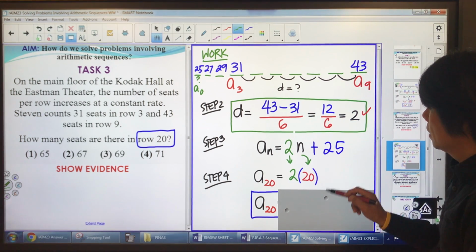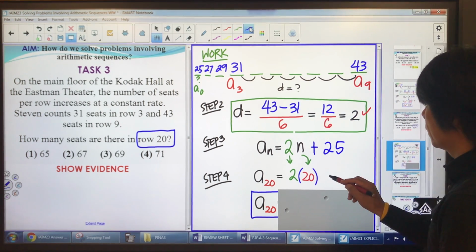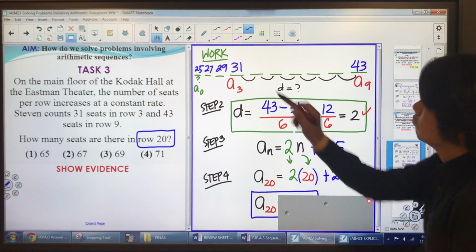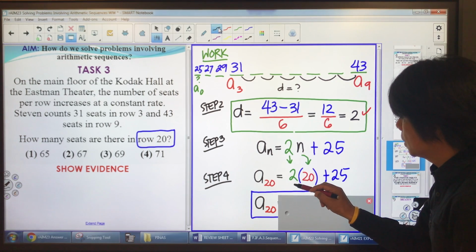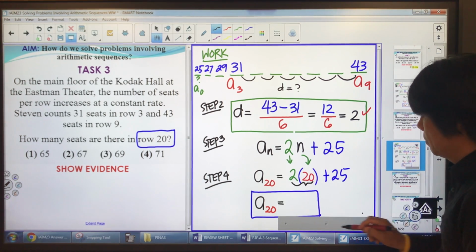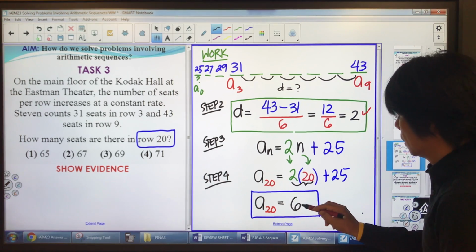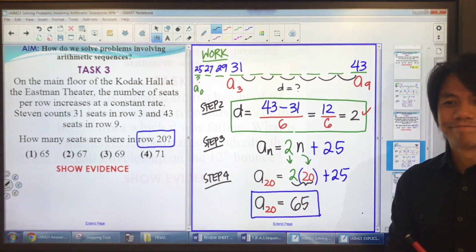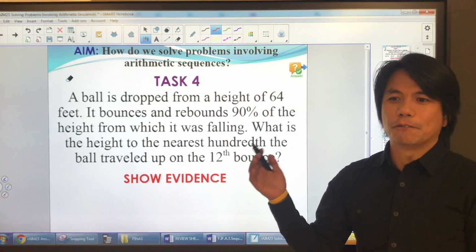N is 20 plus 25, right? Now, 2 times 20, that's 40, plus 25, that gives you 65. Cool? Now, how about task 4?